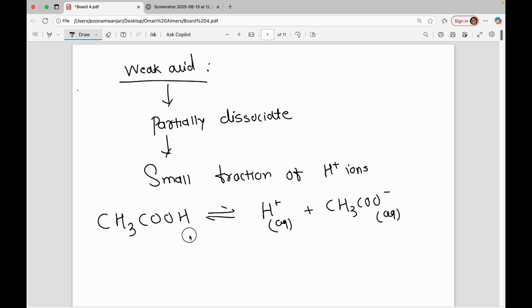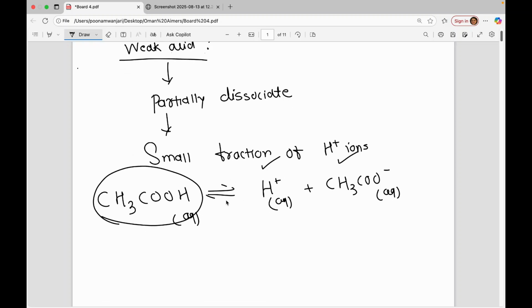So in its solution, student, we can find hydrogen ions, ethanoate ions, as well as undissociated ethanoic acid, and this is the reason we call it a weak acid. And this double arrow, we know, shows equilibrium, but here it's a partial dissociation.